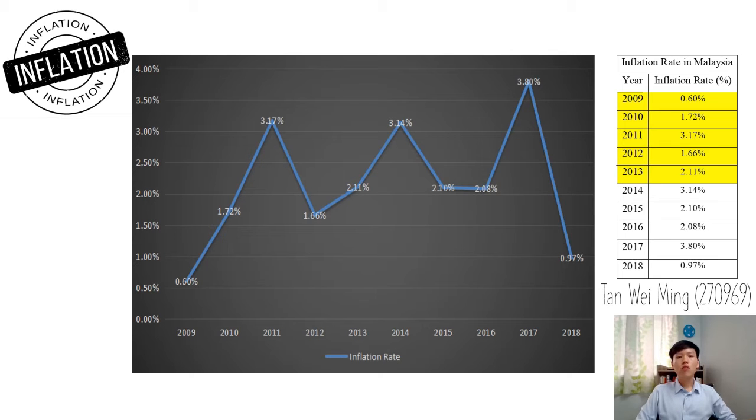The year 2011 recorded 3.17% of inflation rate, and in 2012, the inflation rate declined to 1.66%. There was also a slow increase of the inflation rate from 1.66% in 2012 to 2.11% in 2013.